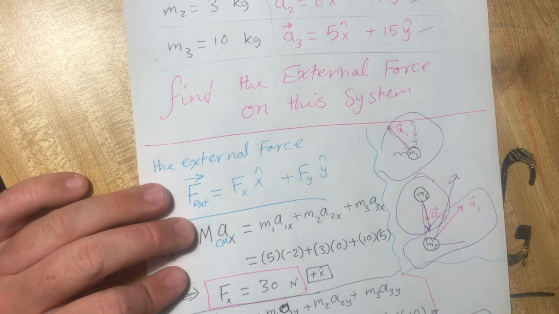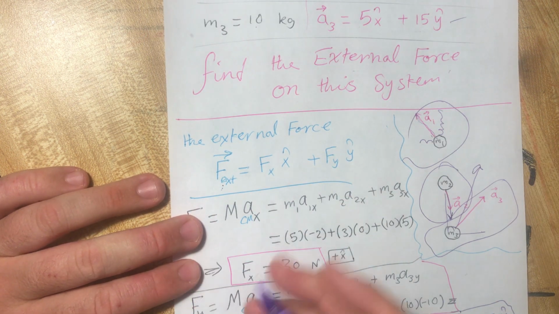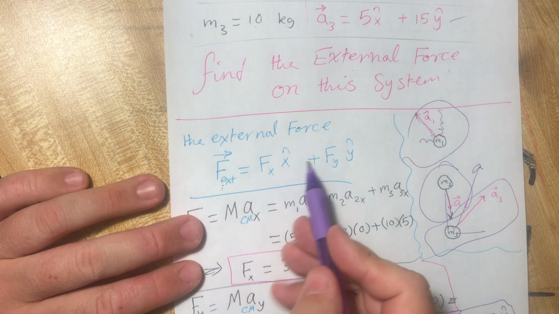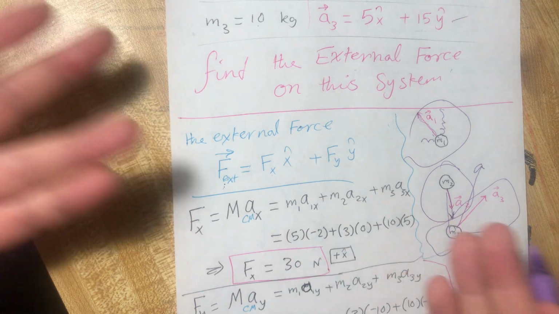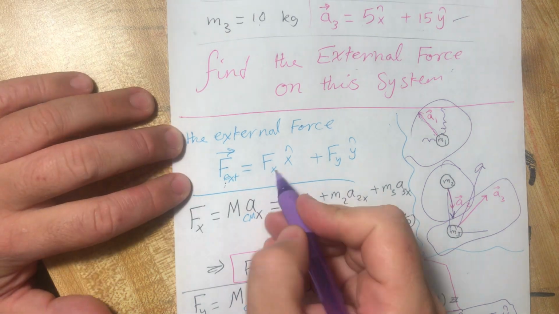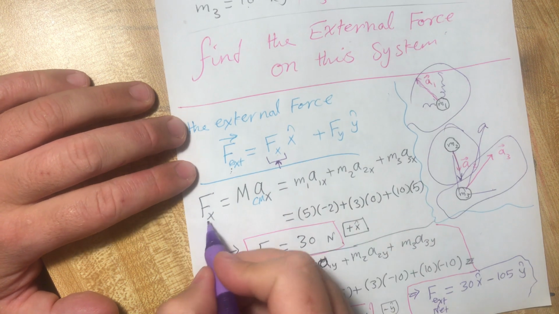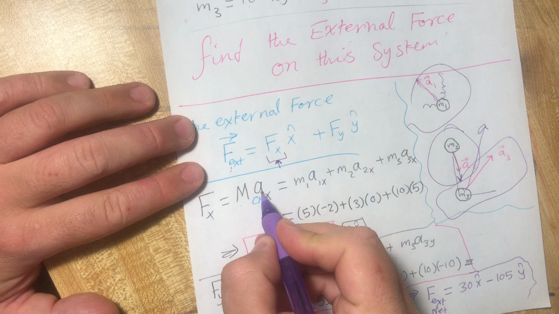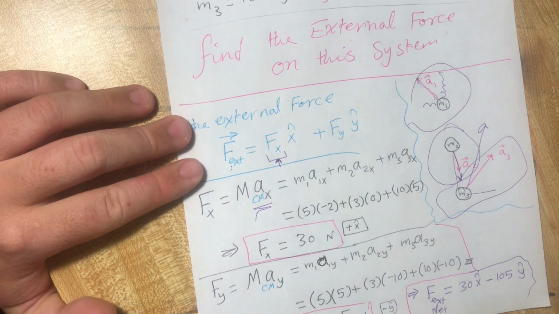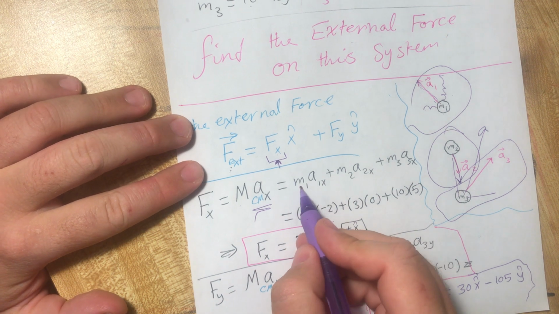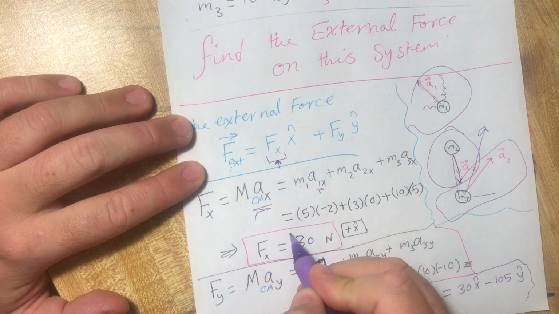The external force, what I need to compute, has two components, Fx in x direction and Fy in y direction, because it is a vector. This vector has two components. Let us compute the Fx component. Fx is equal to the total mass multiplied by the acceleration in x direction of the center of mass, which is equal to the summation of each mass multiplied by its acceleration in x direction.